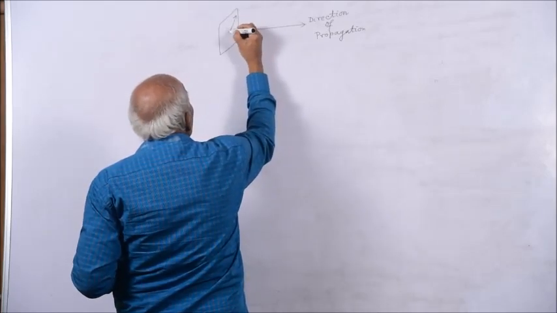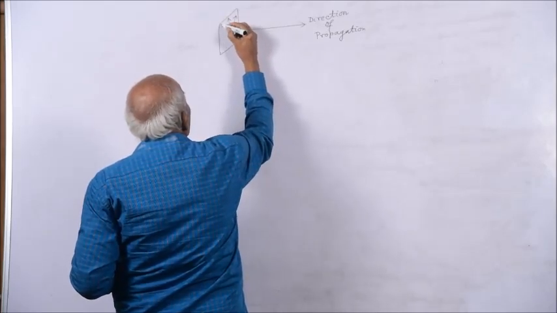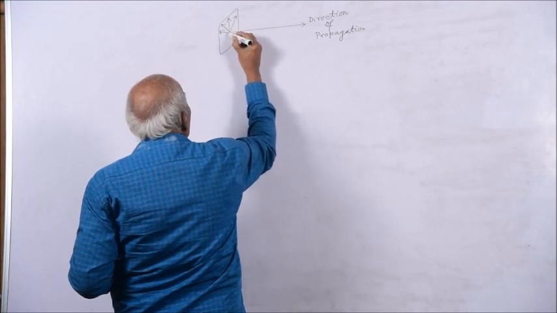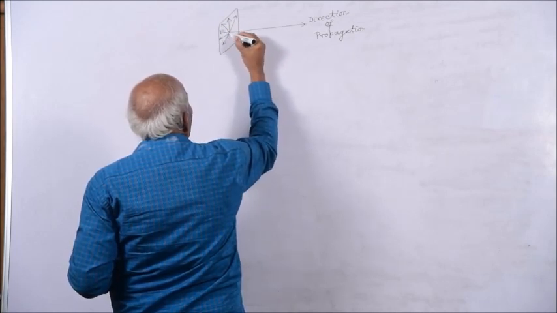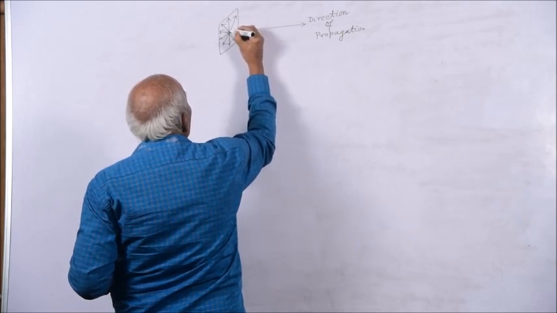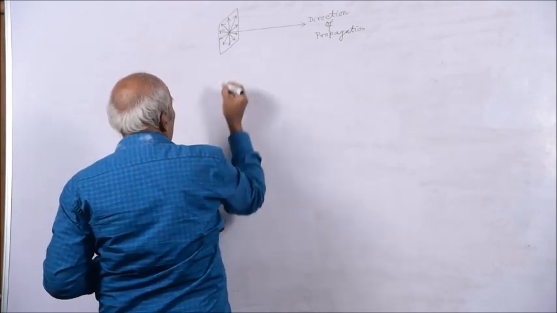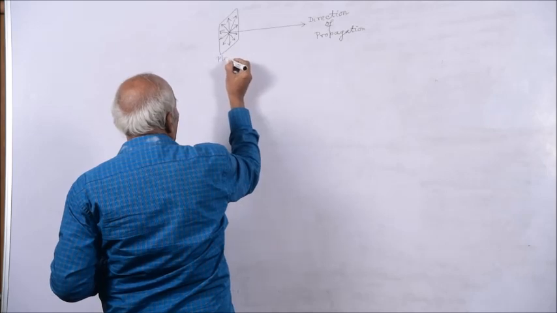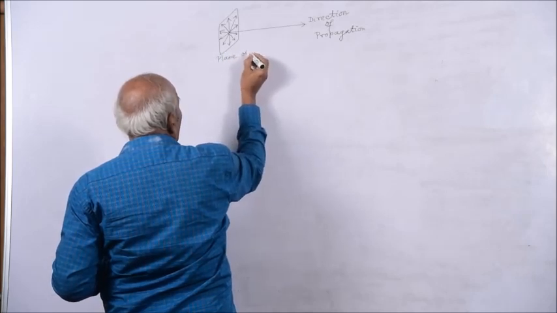So, there the vibrations, these are electric vectors and magnetic vectors. So, they can be anywhere and they are arbitrary. So, this is plane of vibration.